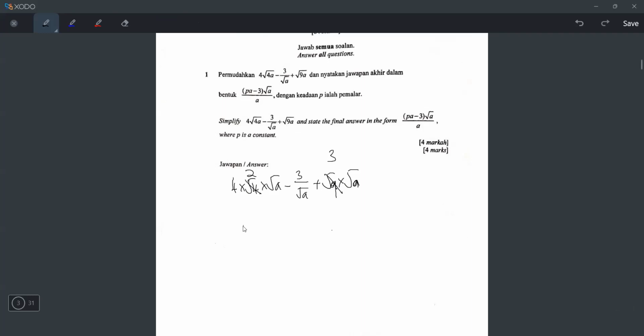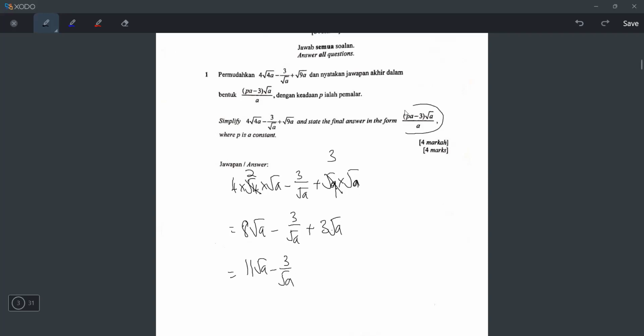So it becomes 4 times 2 is 8 square root A minus 3 over square root A plus 3 square root A. Now I can see that the 8 square root A and 3 square root A can be combined, right? 8 square root A plus 3 square root A is 11 square root A, minus 3 over square root A.